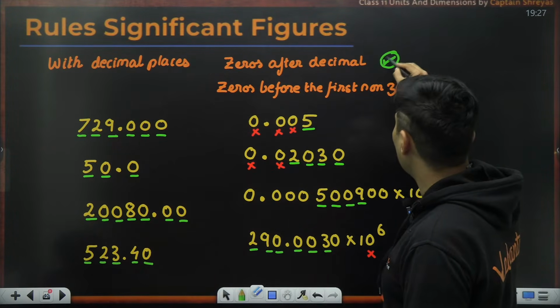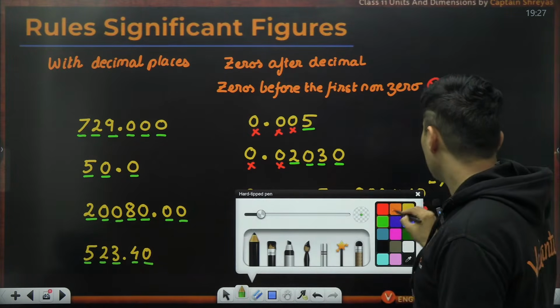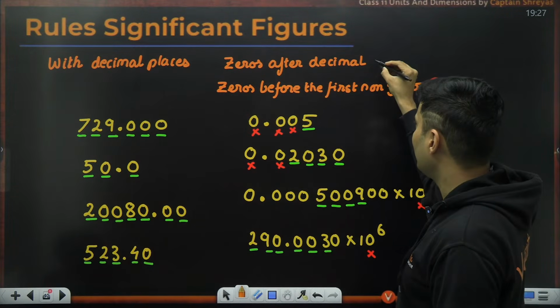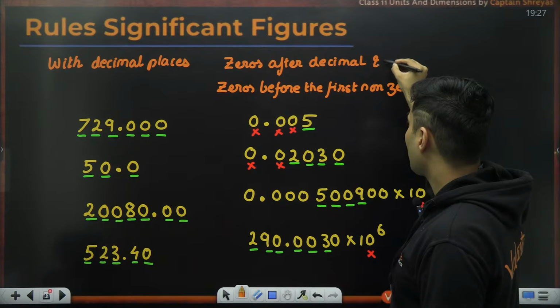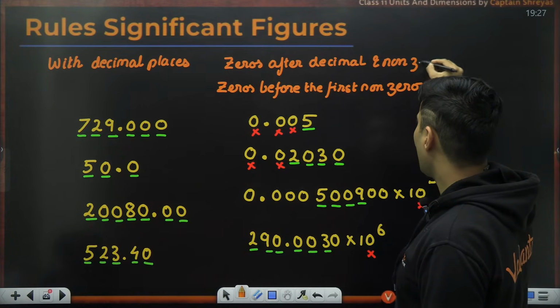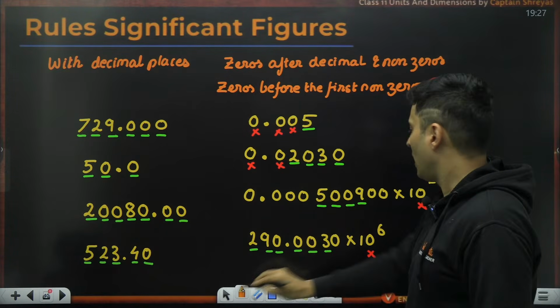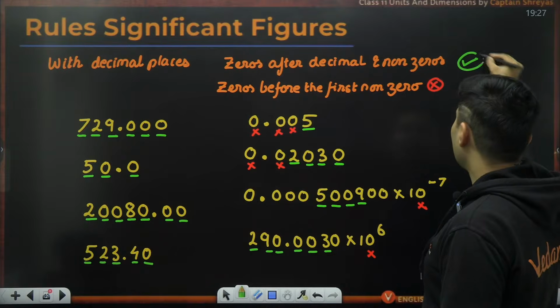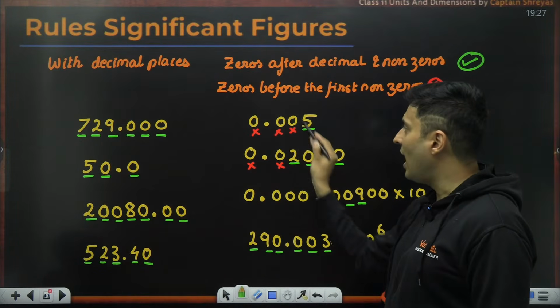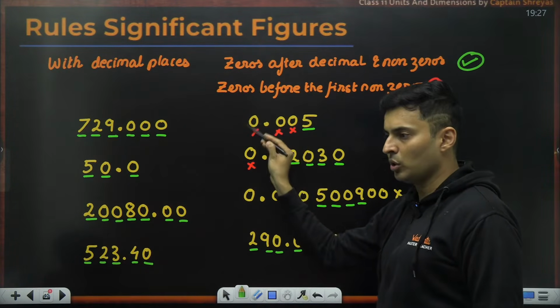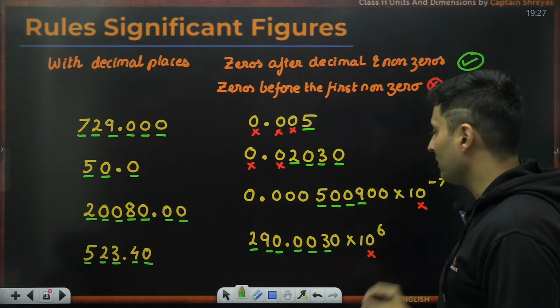If you want, I will make this rule more elaborate. The zeros after the decimal and after the non-zeros are the only ones going to be significant. So that 0 should be after the decimal and also after a non-zero. There is no non-zero number before it, so not significant.